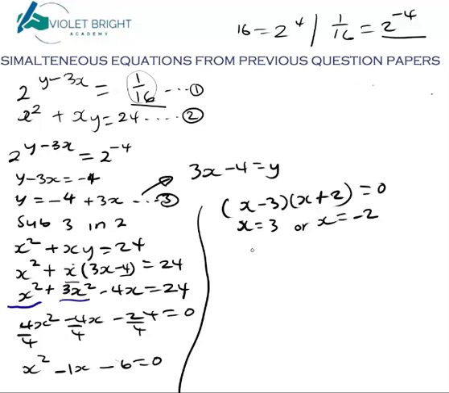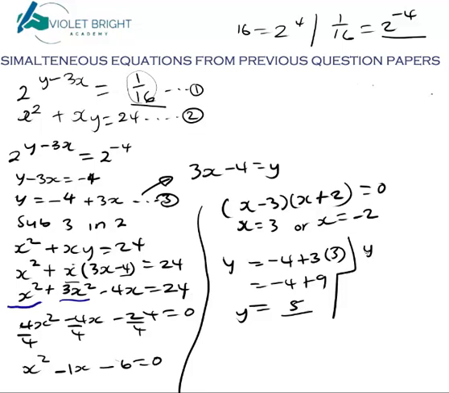Let's substitute into equation 3. So y equals negative 4 plus 3 multiplied by 3. It's going to be negative 4 plus 9, which is positive 5. Here it's going to be negative 4 plus 3 times negative 2, which is negative 4 minus 6, which is negative 10.